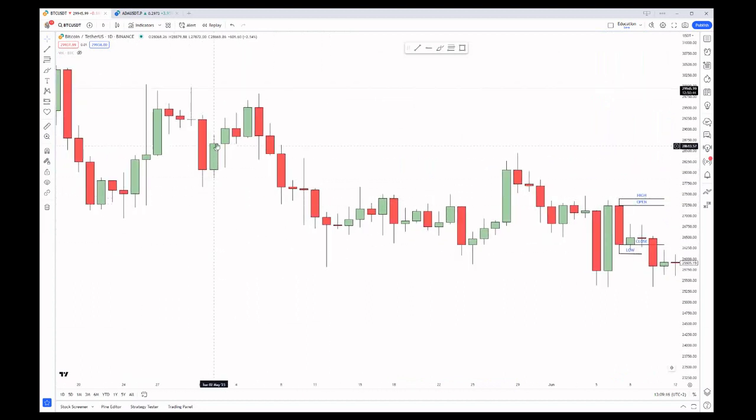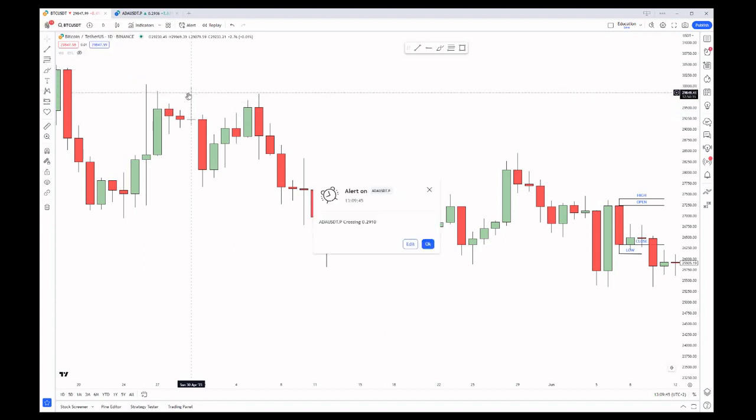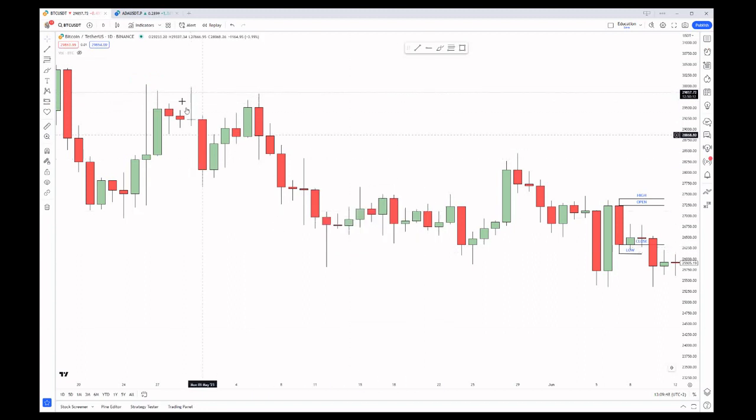For example, you see here this candle is also referred to as a doji candle, graveyard doji, which says that there was a move up during the day because the opening price was here at 29,200. Price moved up all the way to almost 30,000, but at the end of the day we went back down to the opening price.